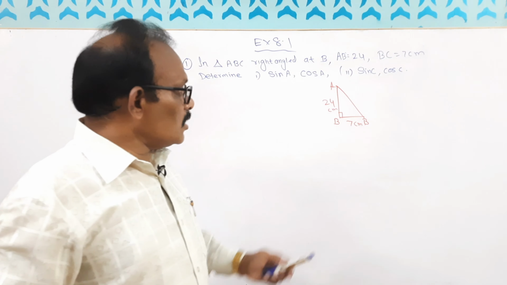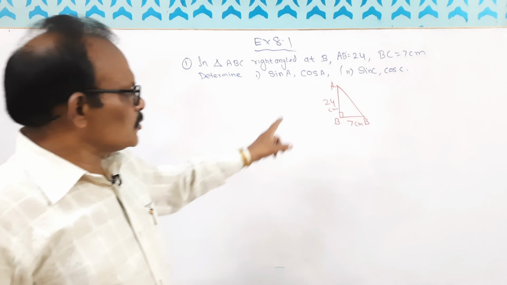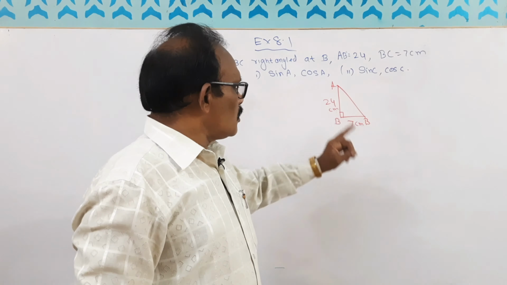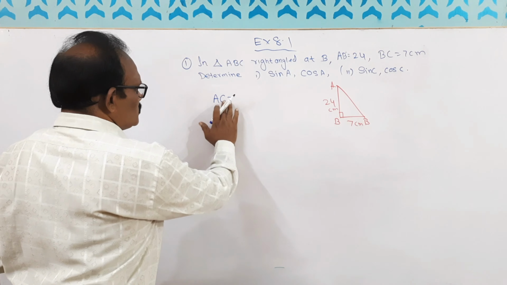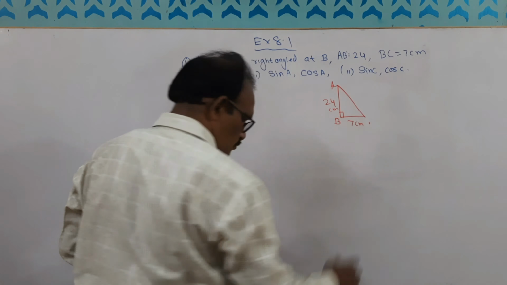What is AC? AC is nothing but the hypotenuse. Yesterday I told you to find H. According to Pythagoras theorem, H squared is equal to the sum of the squares of the other two legs. So AC is equal to root over 24 square plus 7 square.